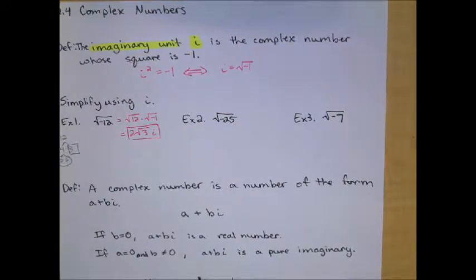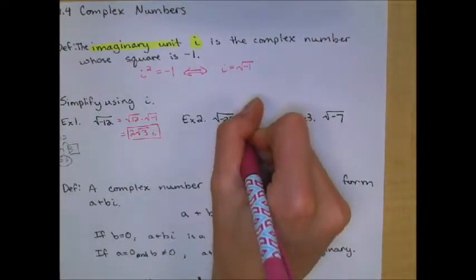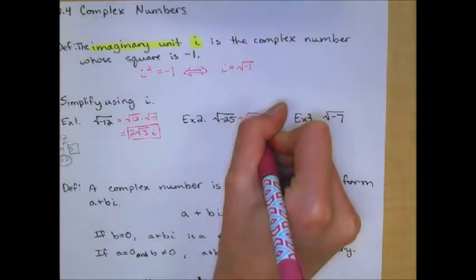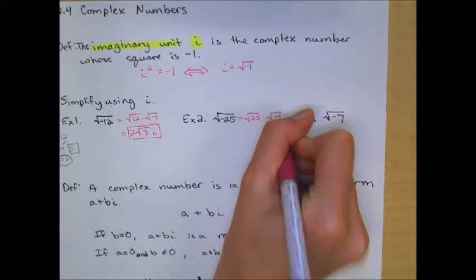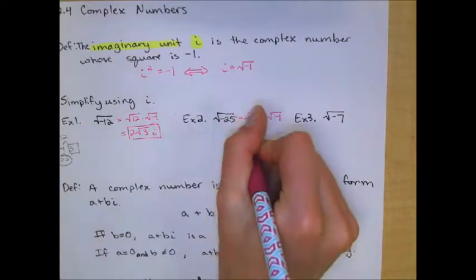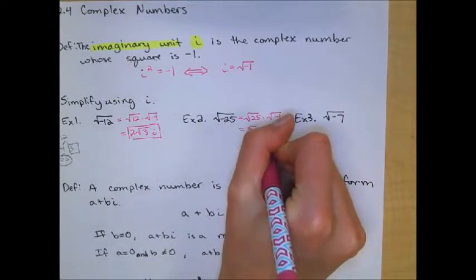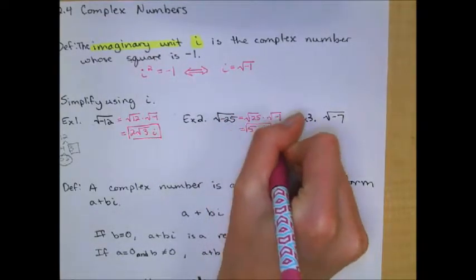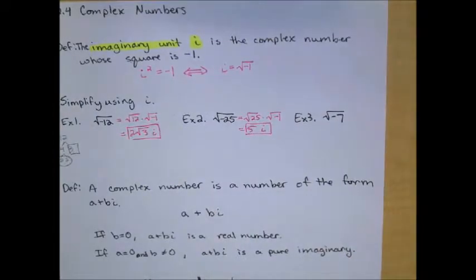For our next example, let's do the same thing. Square root of 25 times the square root of -1. Square root of 25 is 5. Square root of -1 is i. So we end up with 5i.